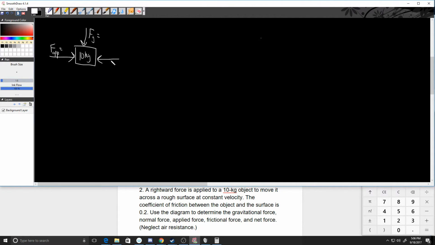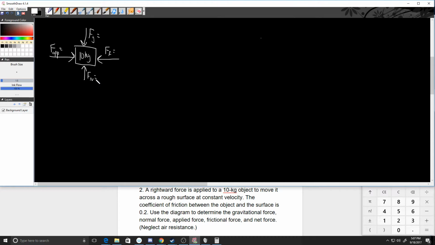That means the force opposing it is the force of friction. Remember, friction always opposes whatever direction the applied force is. It doesn't have a set direction itself. If gravity is pulling down on this object, the floor must be pushing up on it.